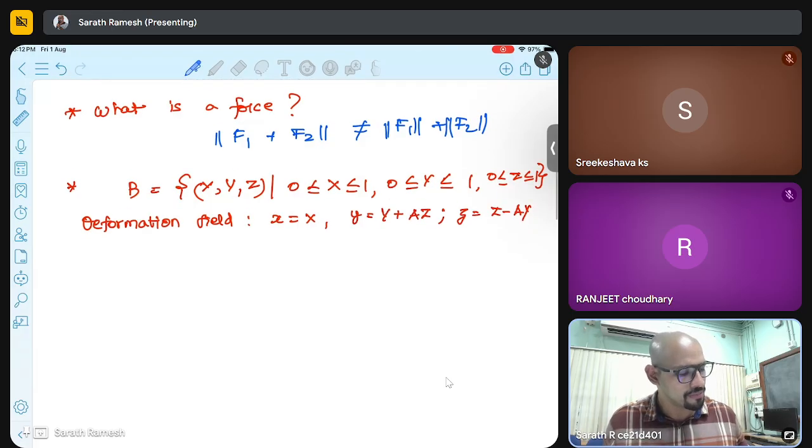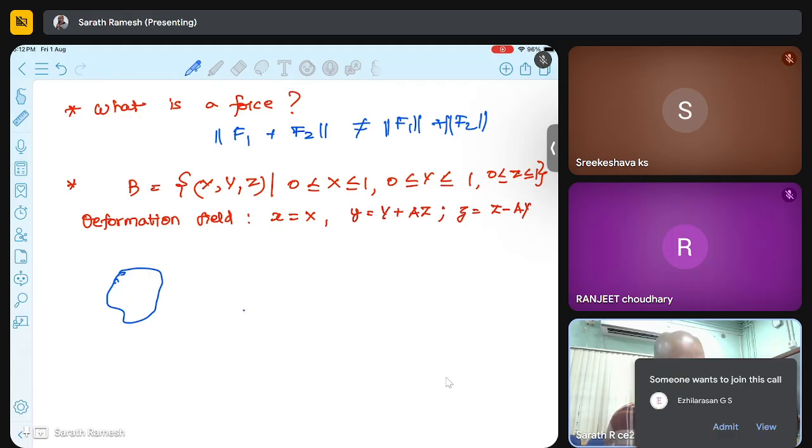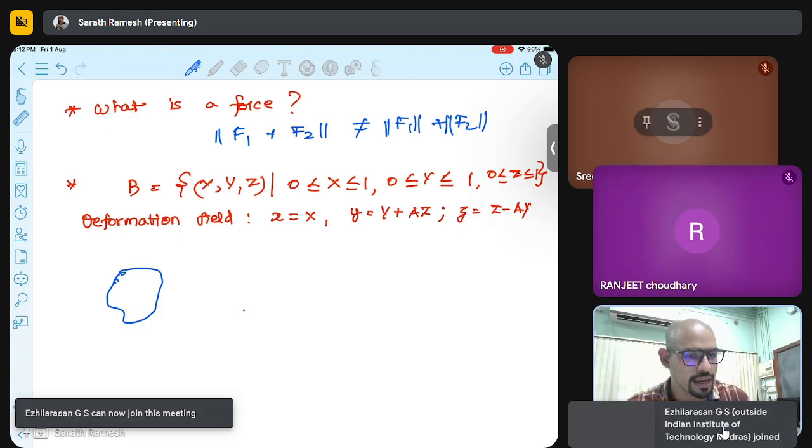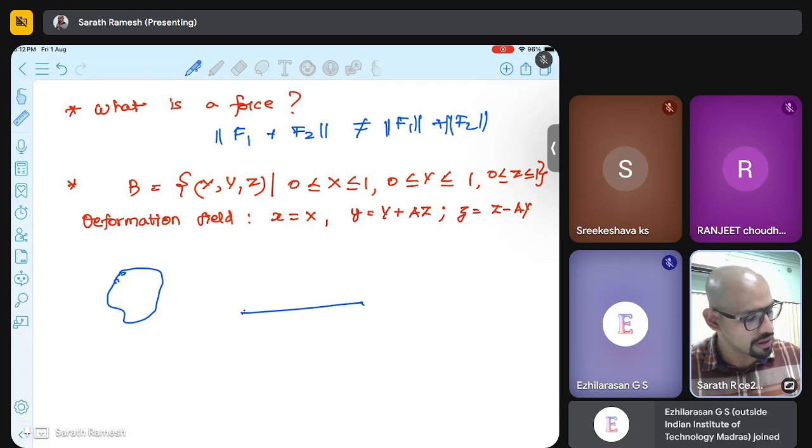What do we mean by deformation field? First, let me draw a body. It can be any body of irregular shape, but in this problem, X varies from 0 to 1, Y varies from 0 to 1, and Z varies from 0 to 1. So what we get is a cube with side 1 unit.